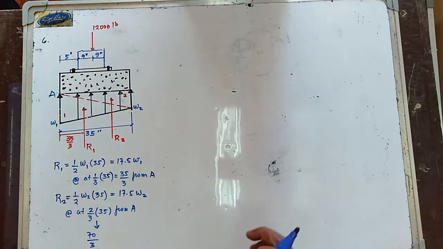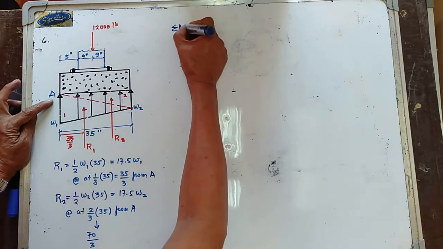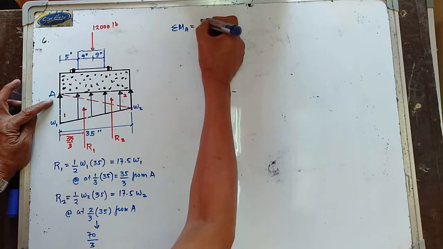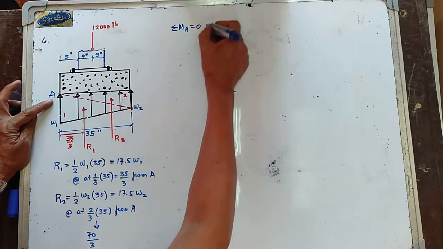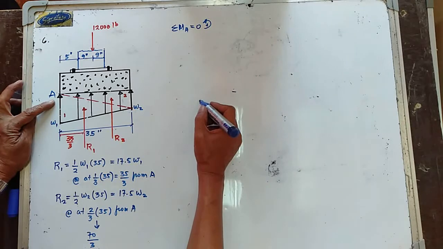Now, let's try to take moment about point A. So the summation of moment about A is equal to 0, counterclockwise moment positive.